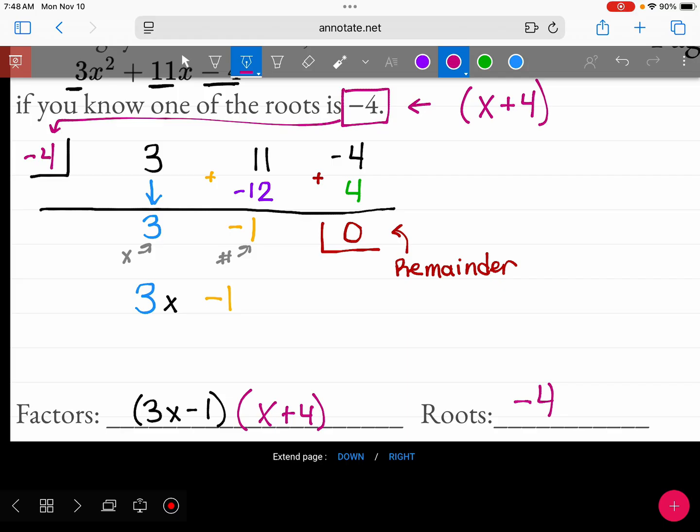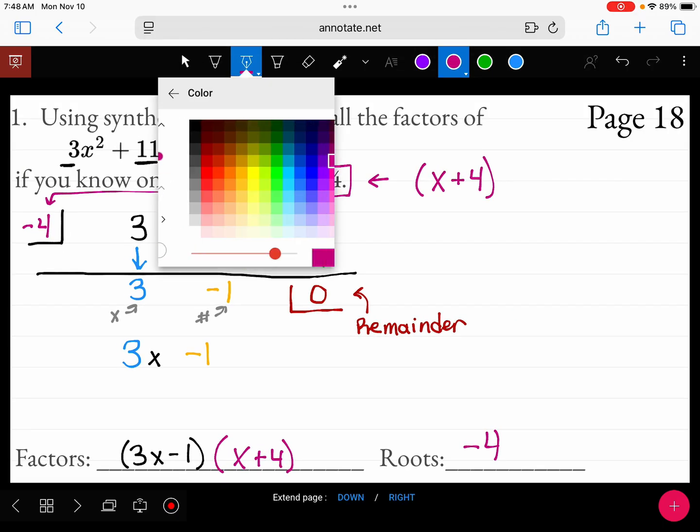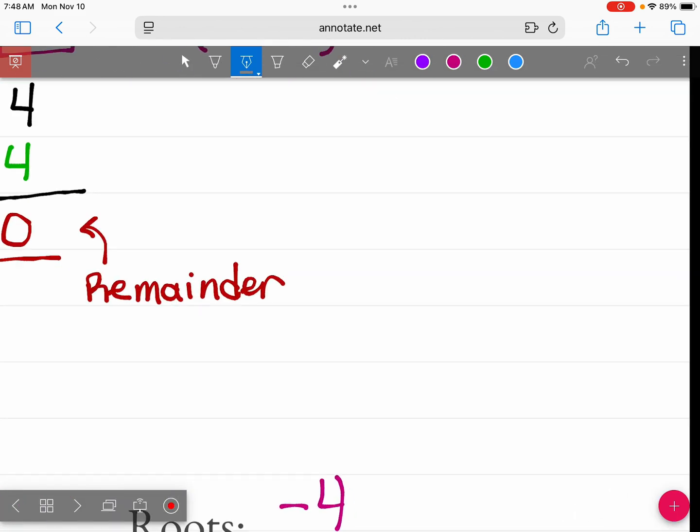So now we've got our factors. I know one of my roots is -4 because we divided it. This one, in order to find our root, our solution, our 0, we would need to set it equal to 0. So if I need to find that root, we're going to take our 3x minus 1 and set it equal to 0.